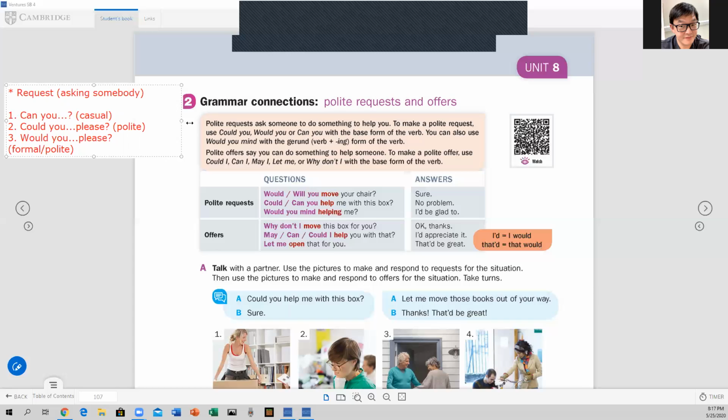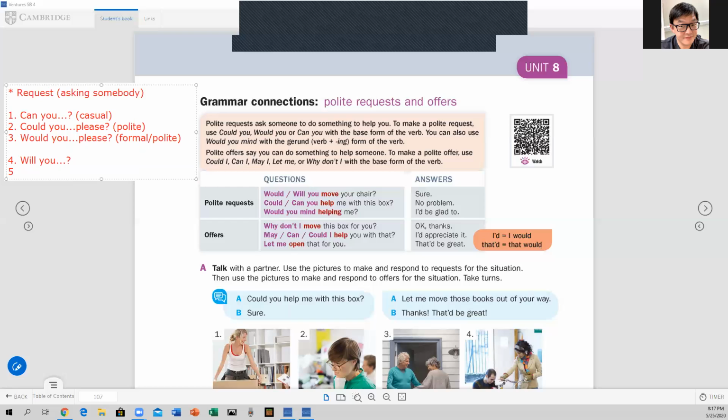And in terms of this chapter here, there is nothing beyond that, okay? So now you have two new things. First, he added will you. Will you move your chair? Okay?